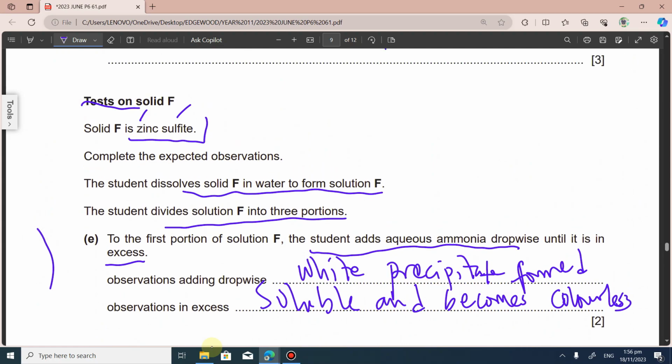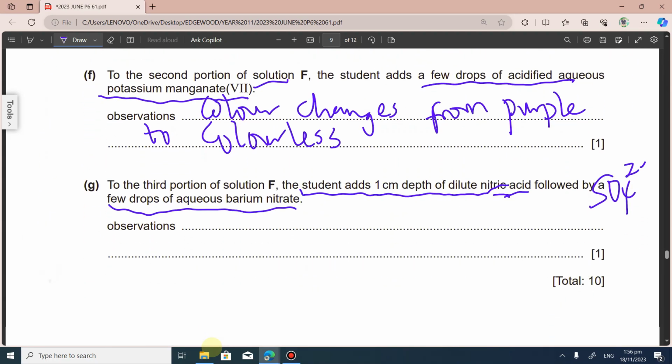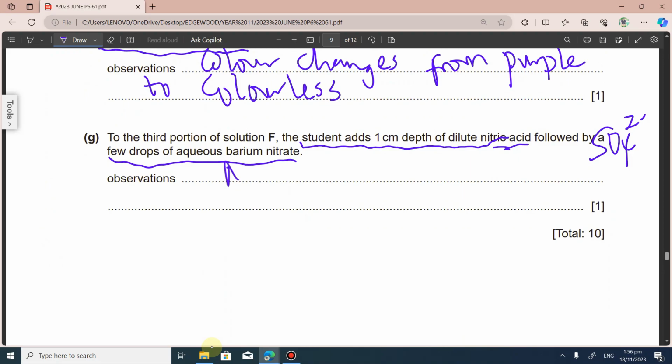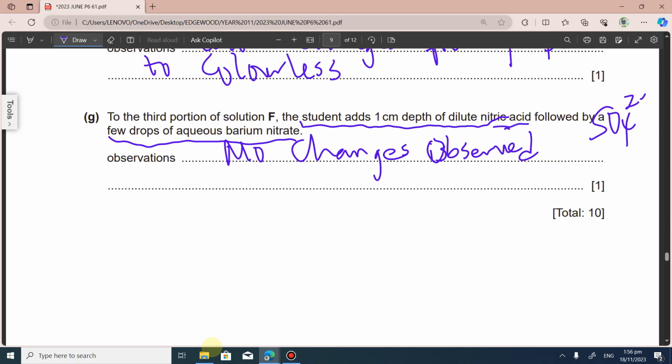It's a zinc sulfite, not a zinc sulfate. So in this case, the observation is no change observed. Because this is a test for sulfate, but the compound we are working with doesn't contain a sulfate.